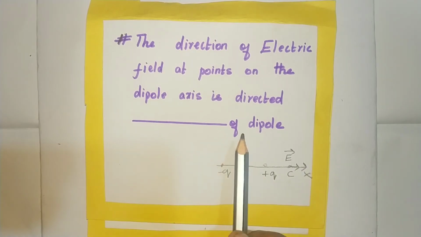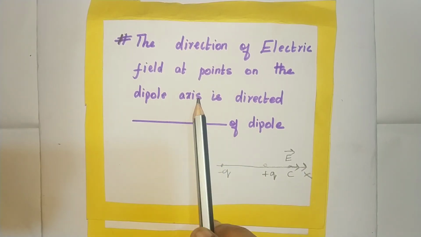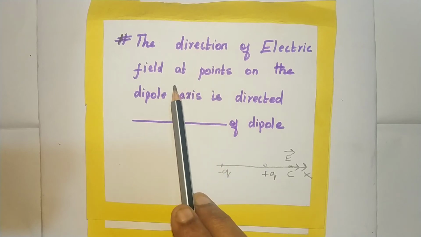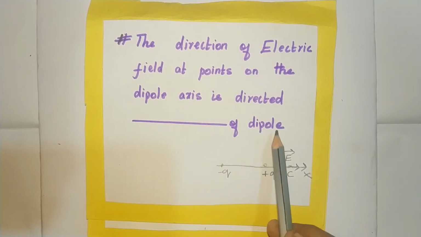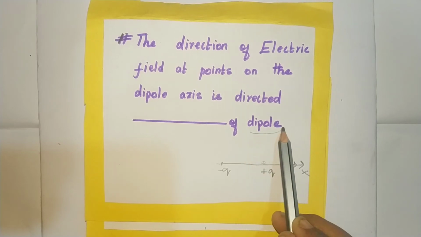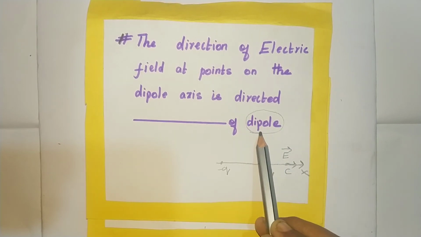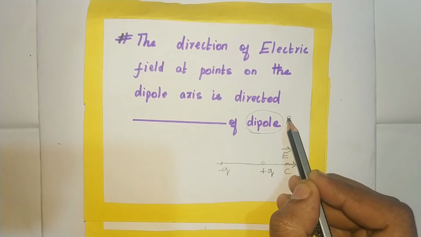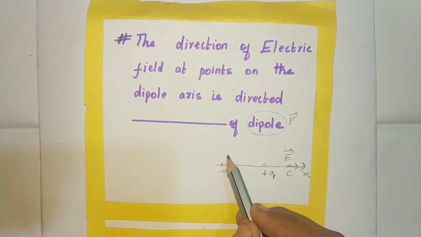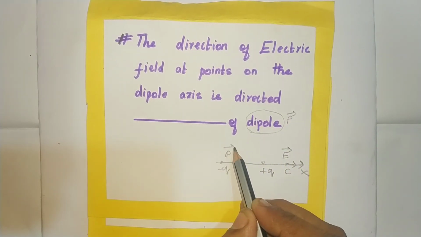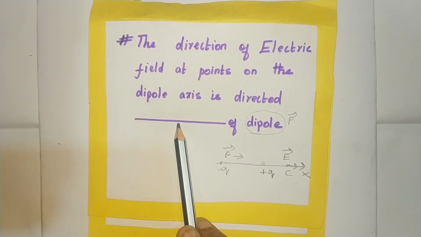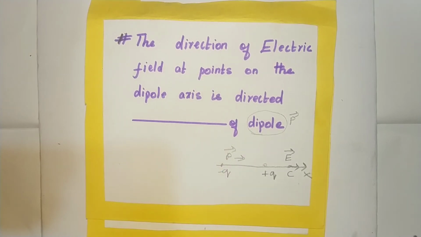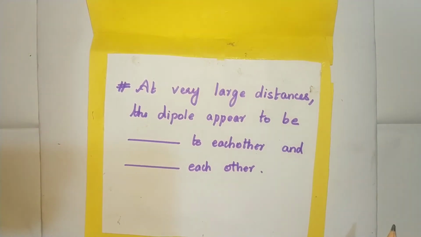Now what is asked: the direction of electric field at points on the dipole axis is directed dash of the dipole. What is the characteristic property of the dipole? Dipole moment P vector. We know that dipole moment P vector will be directing in this direction. So from this you can easily answer this blank. Okay. Now we move on to the next one word.